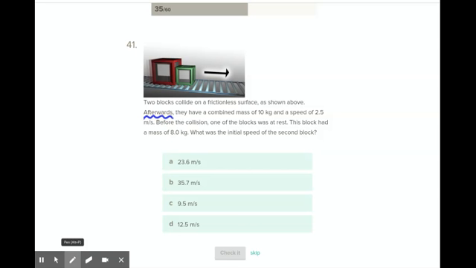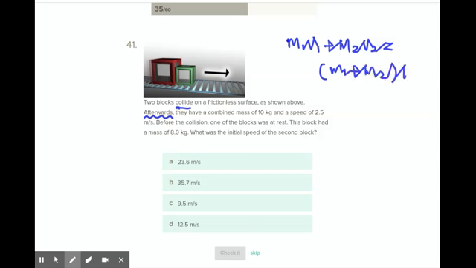All right, so it's the same thing. Remember, they collide and travel together. So M1 V1 plus M2 V2 equals, collided together, M1 plus M2 times V3. Now you have to plug in numbers. It says this block has a mass of 8 kg, and it was initially at rest.